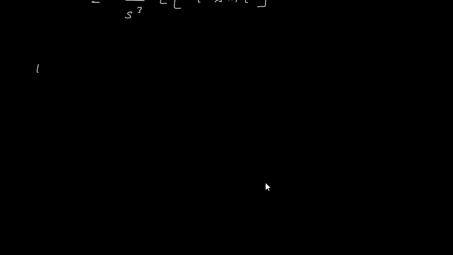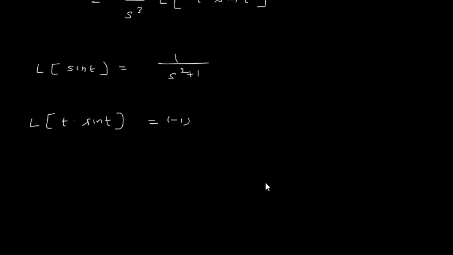So I have to find Laplace of t sine t. Laplace of sine t, we know, is 1 upon s square plus 1, and for Laplace of t into sine t, multiplication by t means we have to differentiate: minus 1 into d by ds of 1 upon s square plus 1.